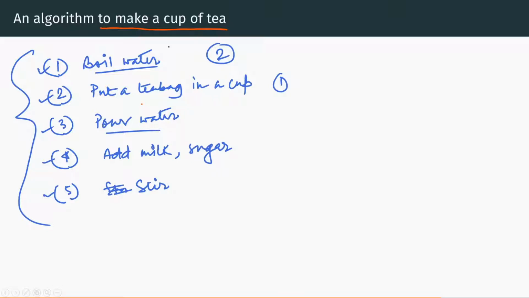You know for a fact, or at least you assume, that your friend will know how to boil water, or how to put a tea bag in a cup, or how to pour water, how to stir. So these things are in your dictionary, at least. It's your assumption that these operations are well defined.